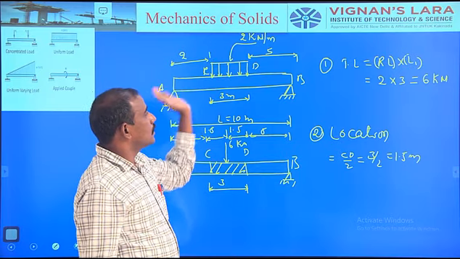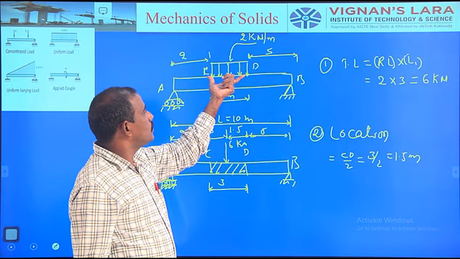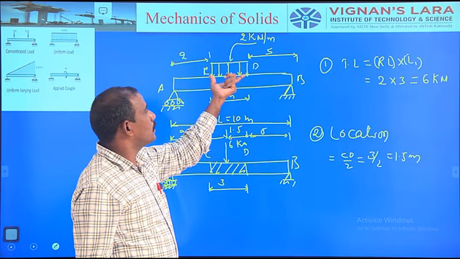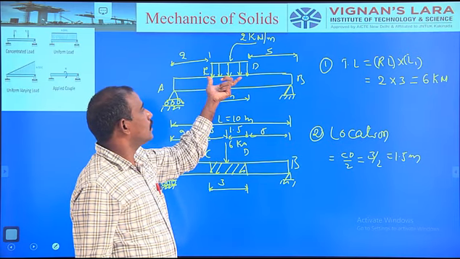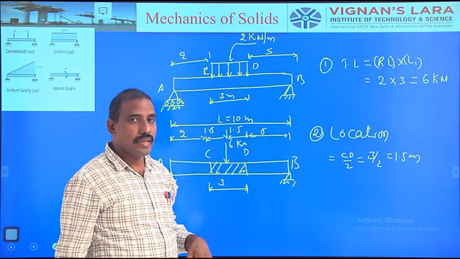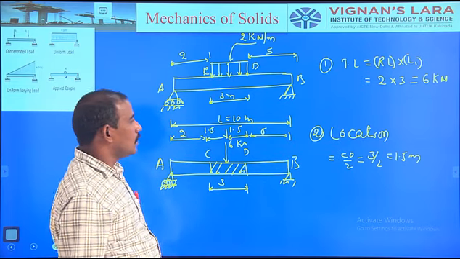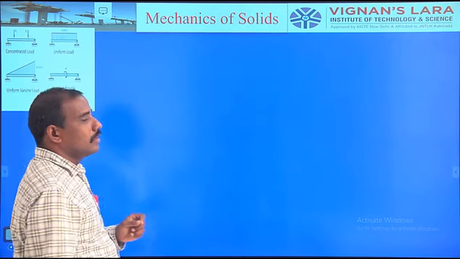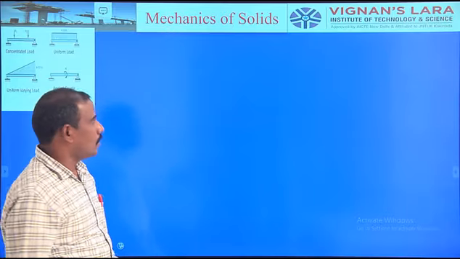In the previous case, it is distributed from A to C. Here, the load is distributed over CD only. So you must take the midpoint of CD, not AC, not AB, and not AD. So the midpoint of CD only. This is the procedure to convert the uniformly distributed load to a point load.